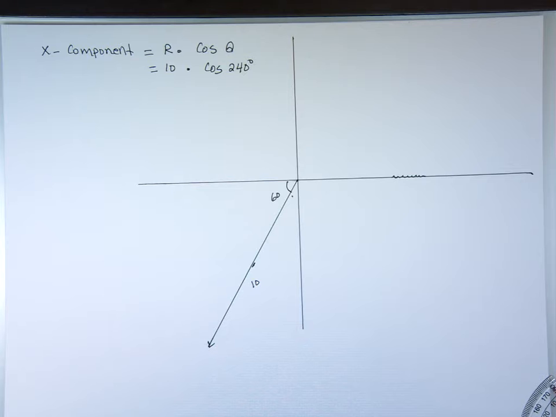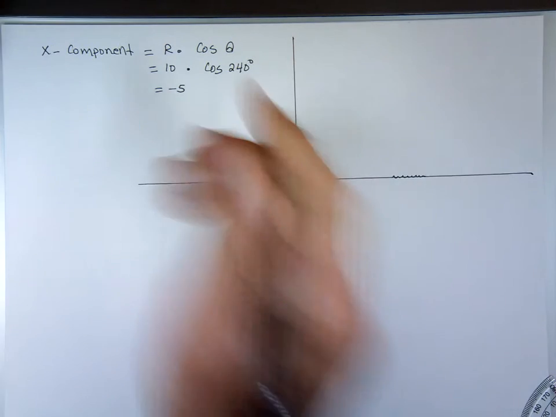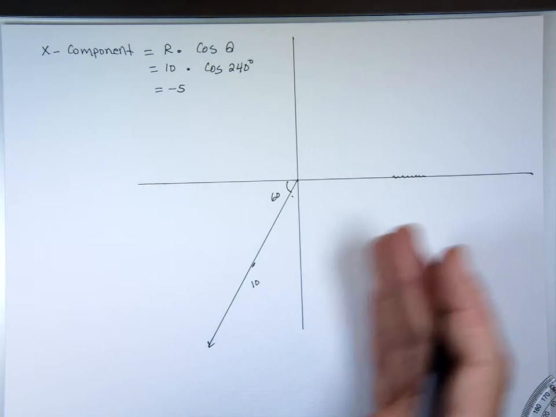Because we know the x value should be negative, we know the y value should be negative. If you use 60, your x and y will be the same numbers, but they'll be positive. So what's 10 cosine 240? That's a negative 5. Negative means you're going to the left instead of to the right.